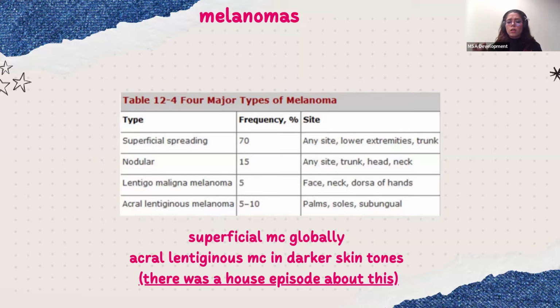Eventually, House looked at the palms and the soles of his feet, and he found it in his feet, and it was a melanoma, acral lentiginous melanoma that spread and metastasized and caused a paraneoplastic syndrome. And the treatment for it, you just excise the area, treat with chemotherapy, and you should be fine.